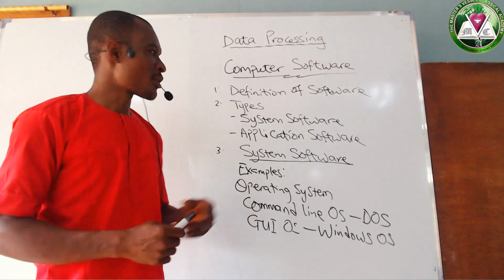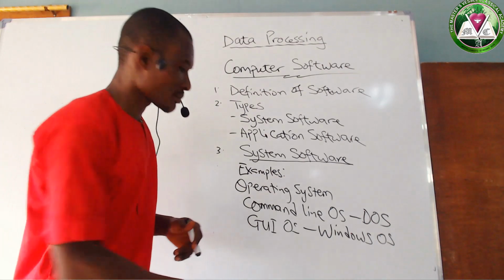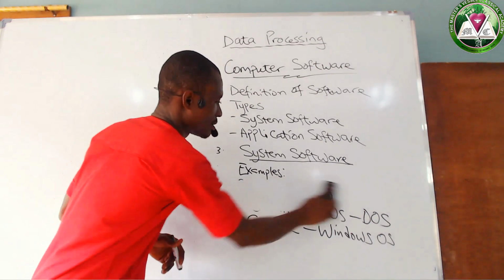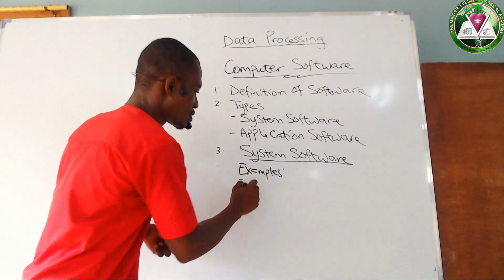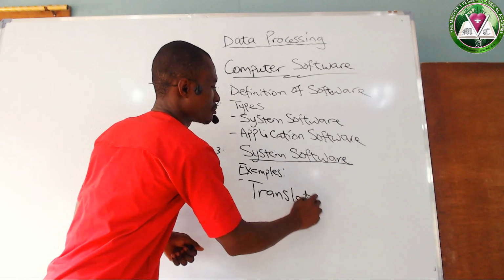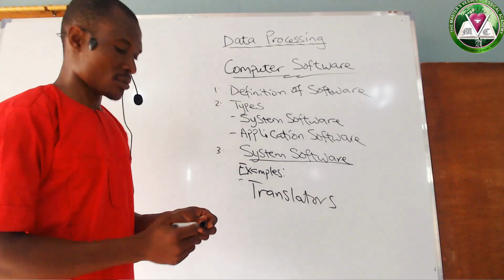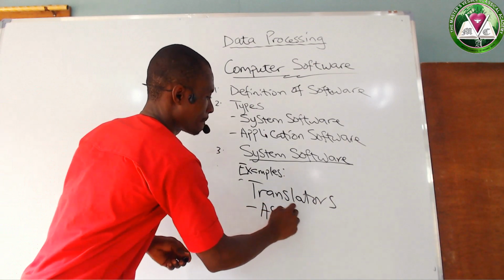Let's look at another type of system software, which is the translators. You can call them translators or language processors. The translators are one, assembler.